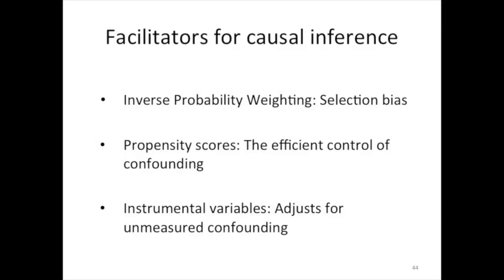Inverse probability weighting may reduce selection bias. Propensity scores allow for a more efficient control of confounding, whereas the use of instrumental variables allows us to adjust for unmeasured confounding. However, it is important to bear in mind that in secondary observational data analysis, the use of these methods goes along with some unverifiable assumptions.